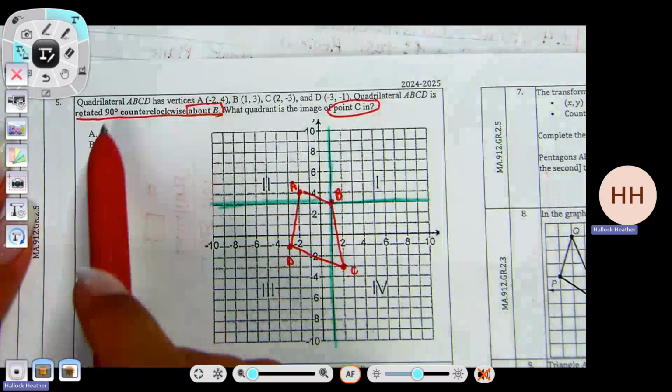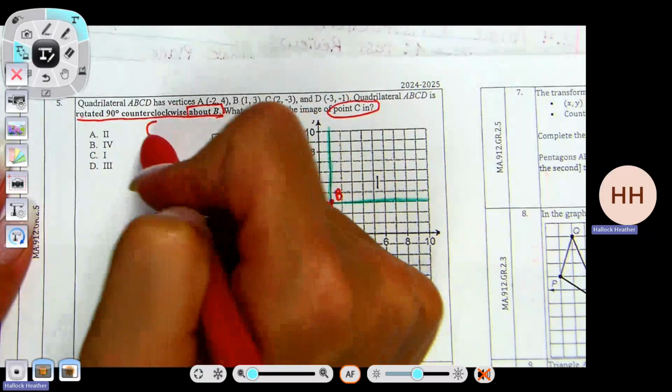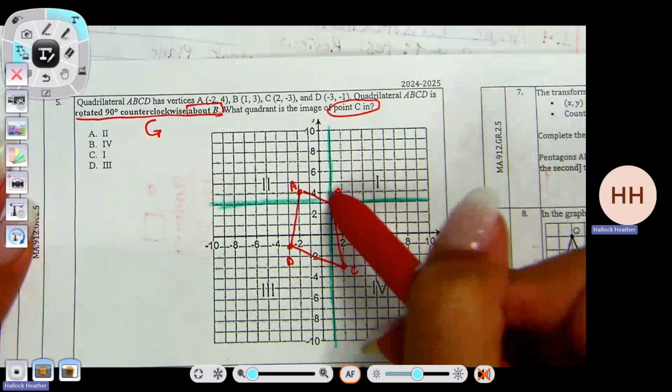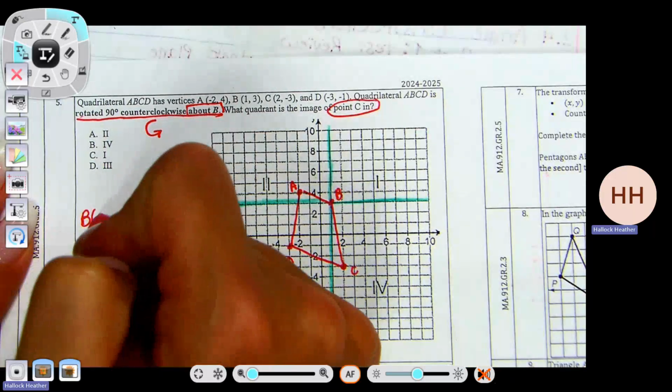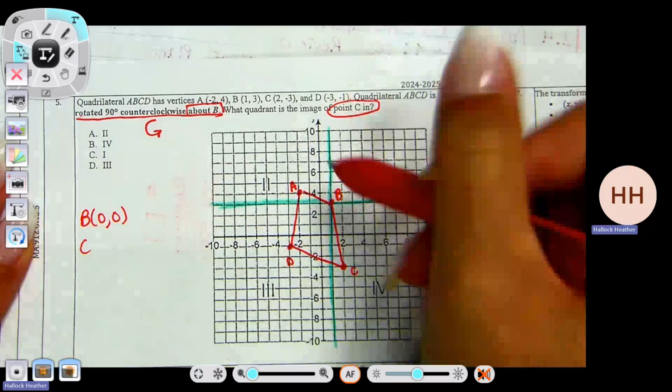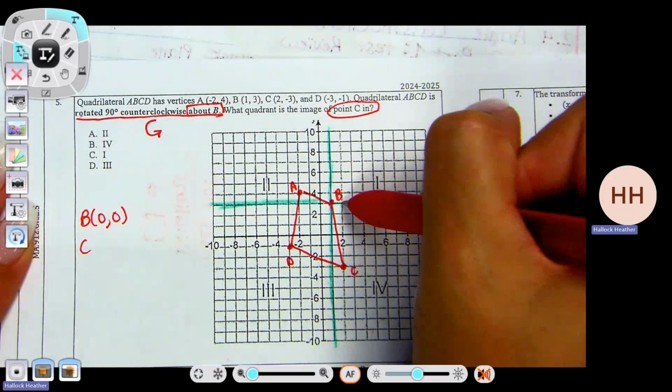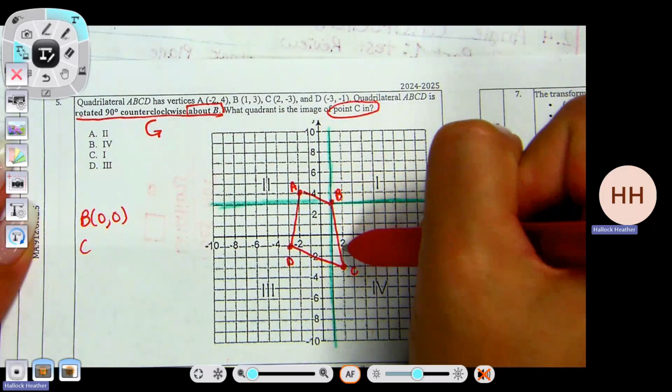This is another one where I would not change all of the coordinates. I only care about C. It's rotating 90 degrees counterclockwise, so it's spinning this way. C is moving 1 quadrant, so it's going to be somewhere up here. B is technically the new (0, 0). C is 1, 1, 2, 3, 4, 5, 6.